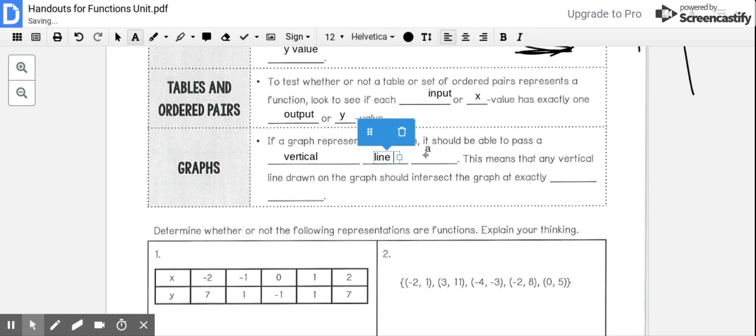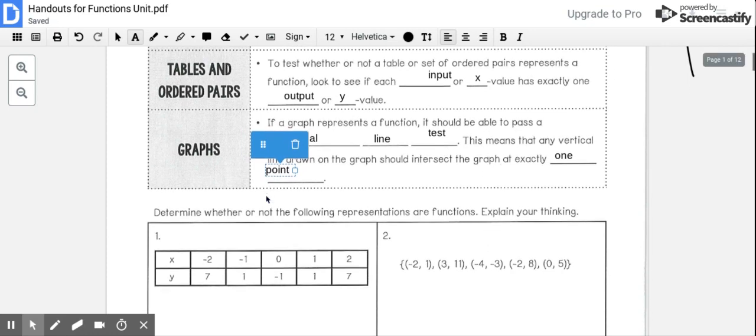This means that any vertical line, which is an up and down line, that is drawn on the graph should intersect the graph at exactly 1 point and only 1 point. And again, I'll demonstrate that.